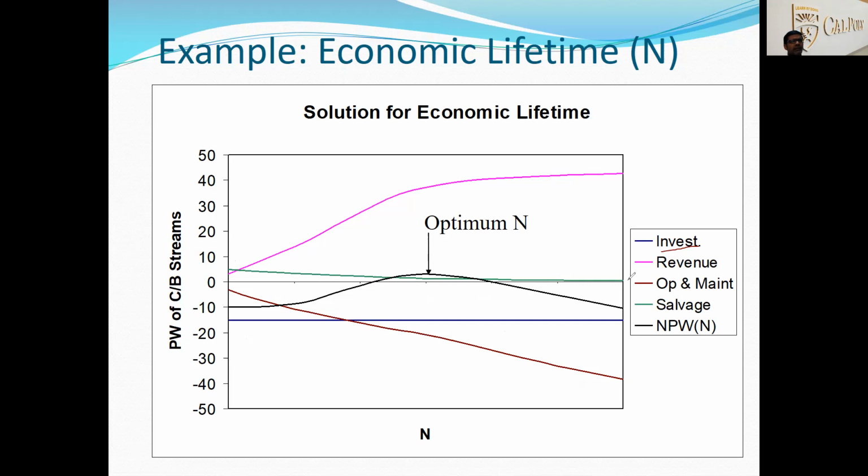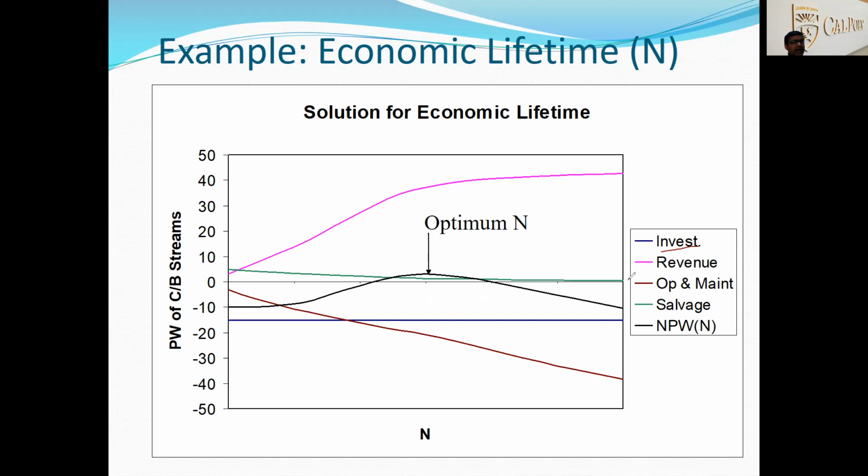Why, as n goes up, and that's what's happening right now, and we're not varying the interest rate? If you remember the IRR chart, you might be misled into thinking that I'm varying the interest rate. No, my interest rate, or the discount rate, is fixed right now. All I'm doing right now is varying my n value, the economic lifetime.